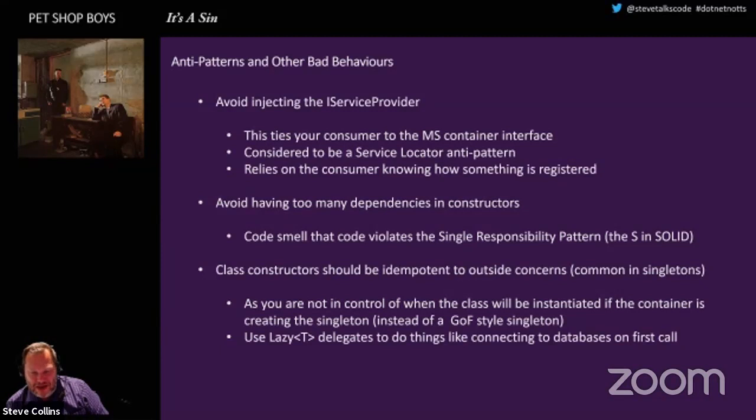If you really must do that, if you've got a singleton, then what you can do is use the Lazy construct inside .NET Core. And I think it was there in Framework as well, because that effectively does your lazy instantiation for you. So it'll be created the first time you ask for it.